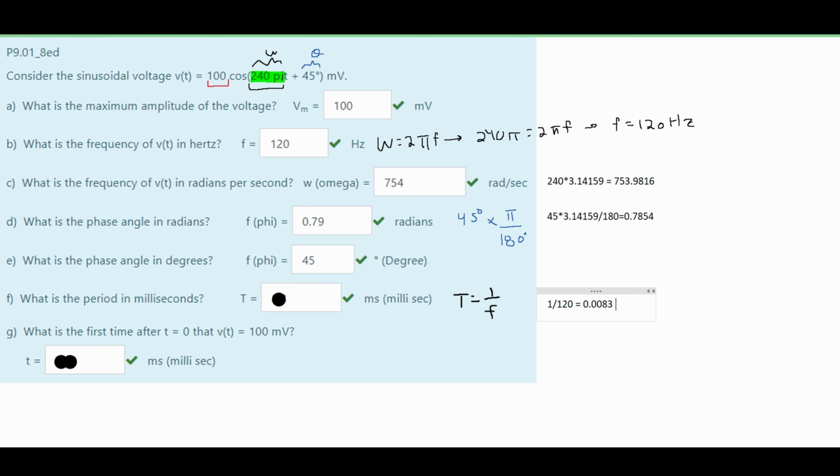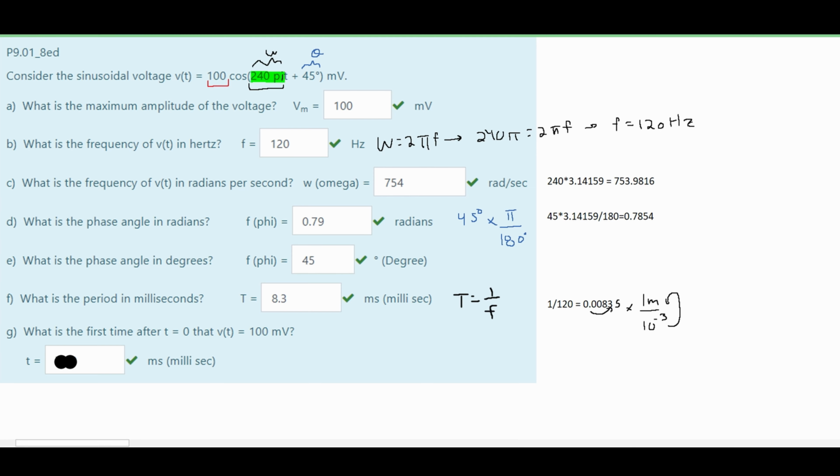This is in seconds, since T is always measured in seconds. To get this in milliseconds, we multiply by 1 milli over 10 to the negative cubed, which means multiplying by 10 cubed. We move our decimal 3 places to the right, and that gives us approximately 8.3 milliseconds. If I erase this, we can see that that is our answer.